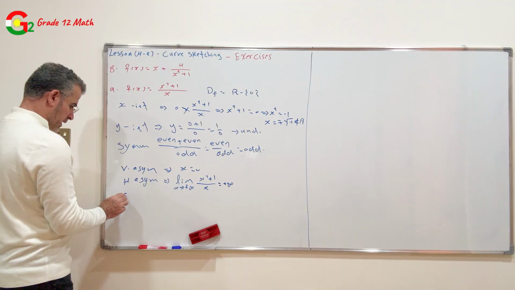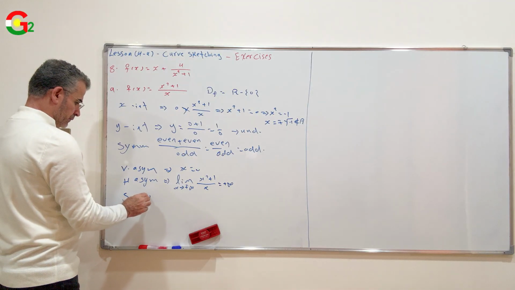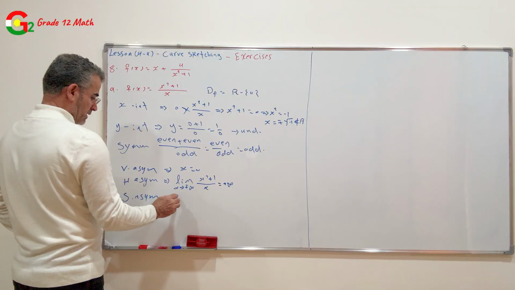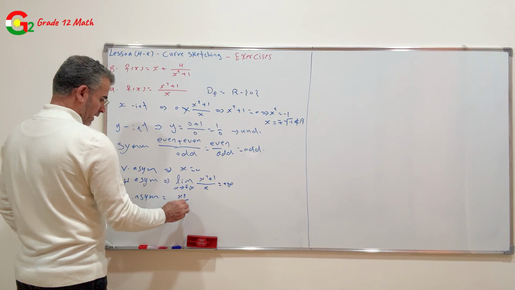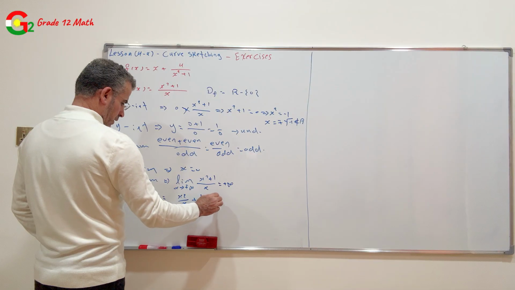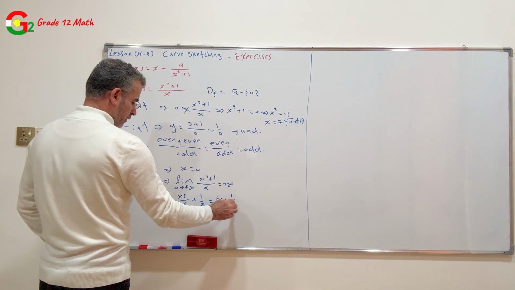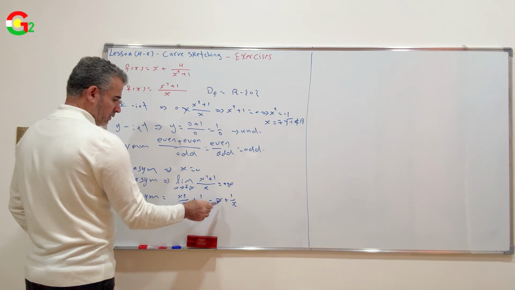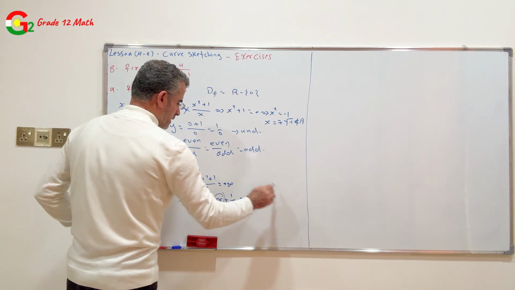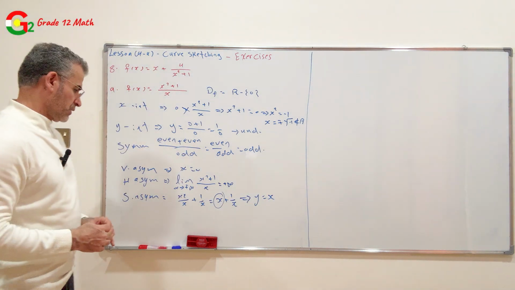For a slant asymptote, the function equals x power 2 over x plus 1 over x equals x plus 1 over x. Therefore, y equals x is a slant asymptote for this function.